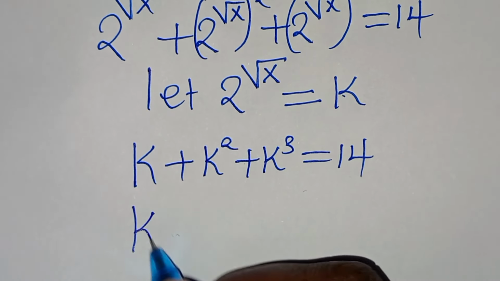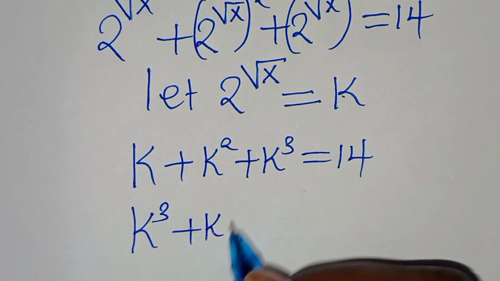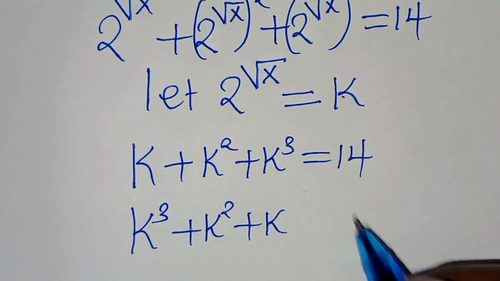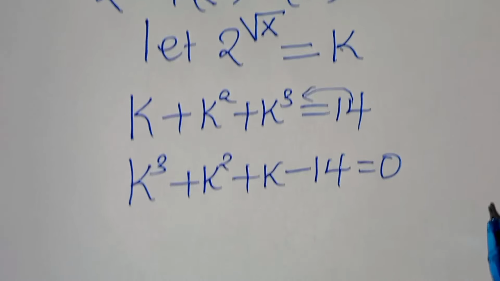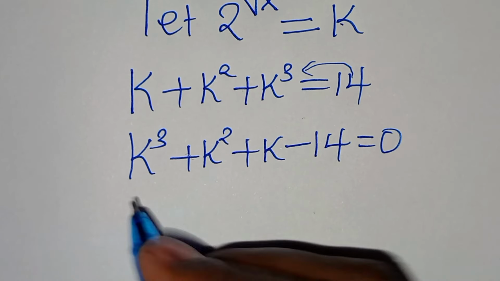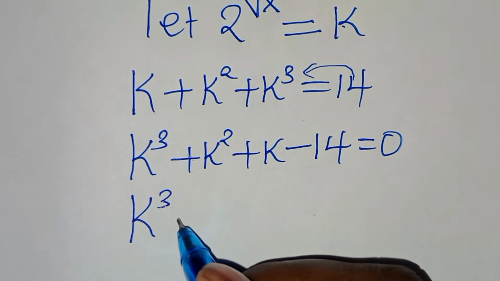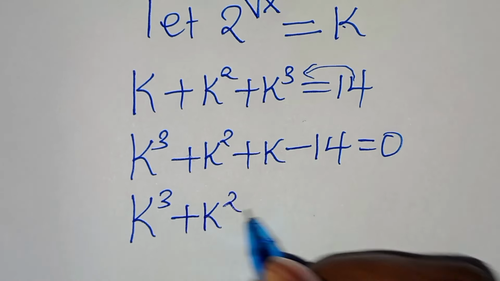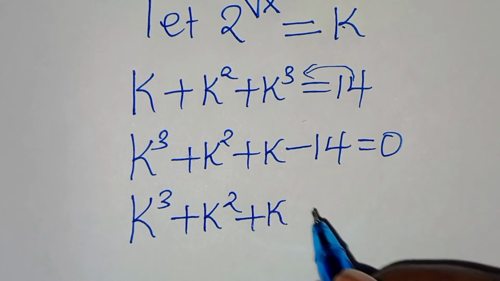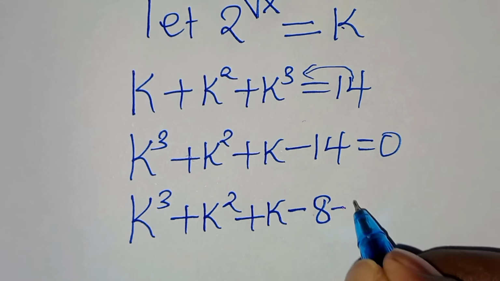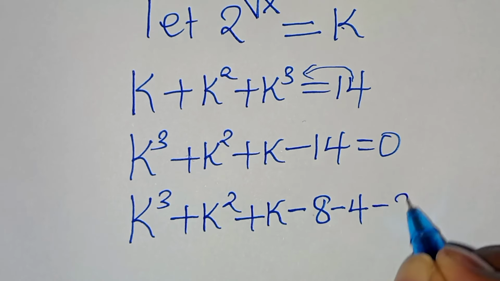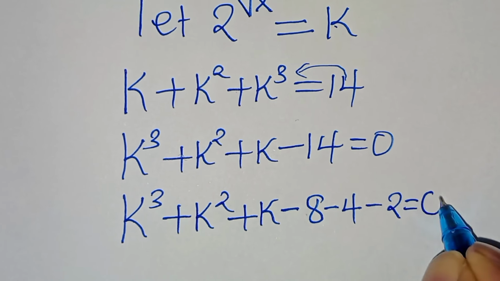So we have k to the power of 3 plus k to the power of 2 plus k. Let's take 14 on the left hand side. This is minus 14. This is equal to 0. So we have k to the power of 3 plus k to the power of 2, then plus k, subtract 14, which is subtract 8 minus 4 minus 2. This is equal to 0.